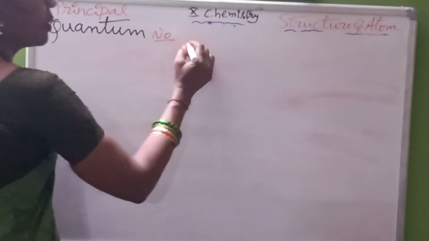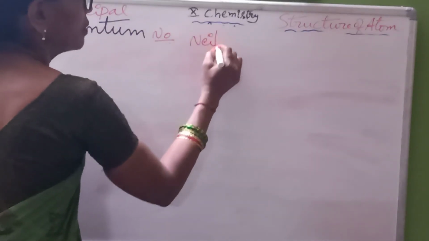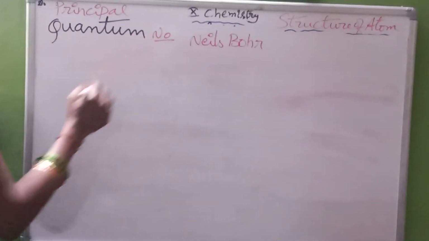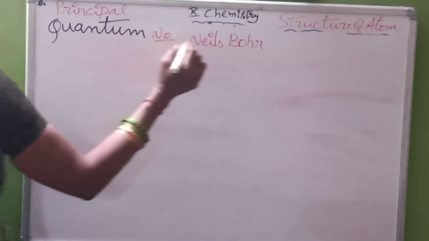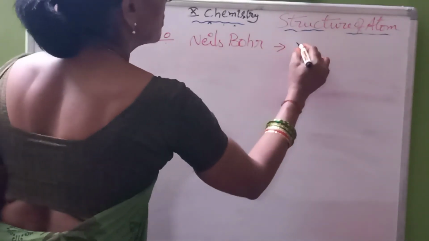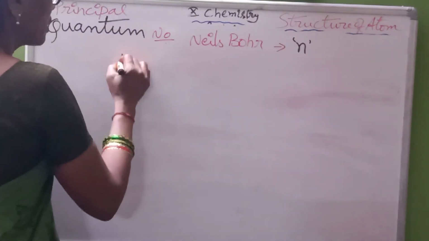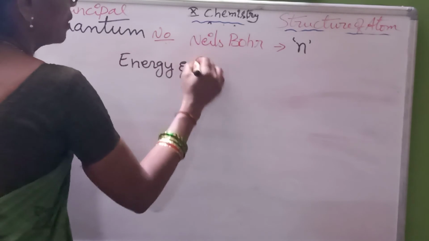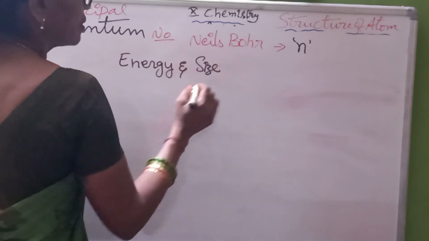The principal quantum number was proposed by Niels Bohr, and it is designated with small n. It gives the energy and size.